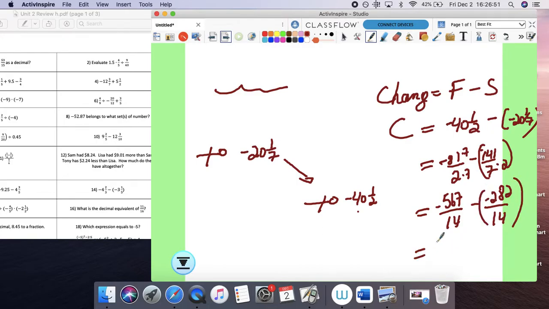Right, so it's actually negative 567 plus 282. And you're going to get negative 285 over 14, which I'm going to change into a mixed number.